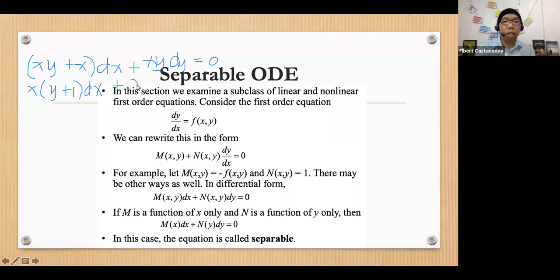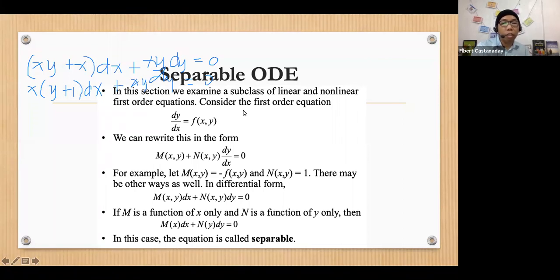So plus xy dy, okay, equal to 0. Having written this in factored form, I can now remove the y plus 1 here, or I can divide both sides by y plus 1, and then to eliminate x, we divide both sides by x, thus giving me what?